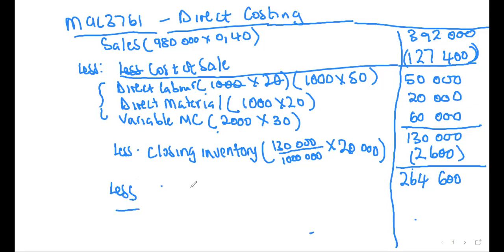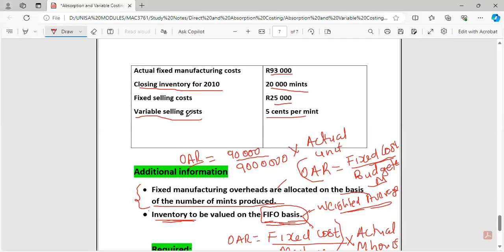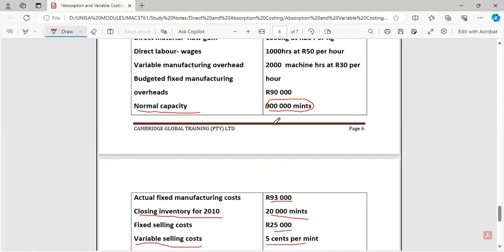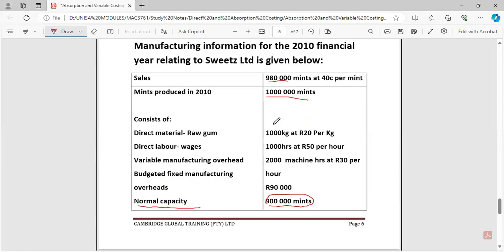Right, then we now less that variable cost you were talking about. So we are now going to take this variable selling cost. We're now going to check this variable selling cost. We calculate it as what again? But we can calculate it again. It's 5 cents per unit. It's going to be 5 cents times 980,000.